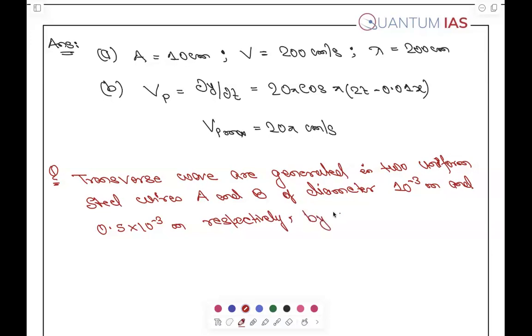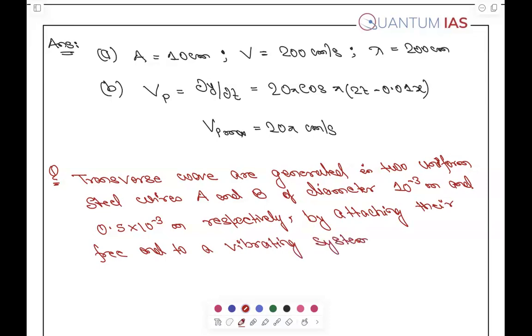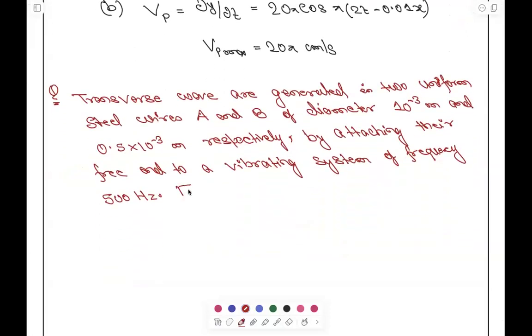By attaching their free end to a vibrating system of frequency 500 Hz. Find the ratio. बहुत आसान क्वेश्चन है.